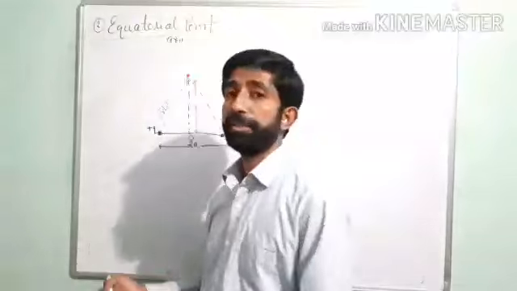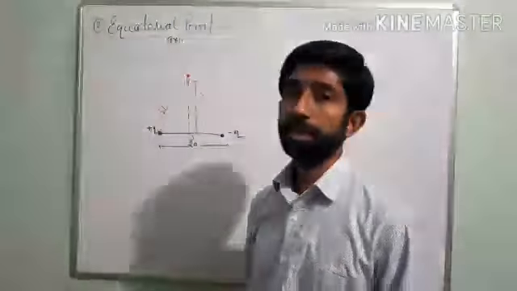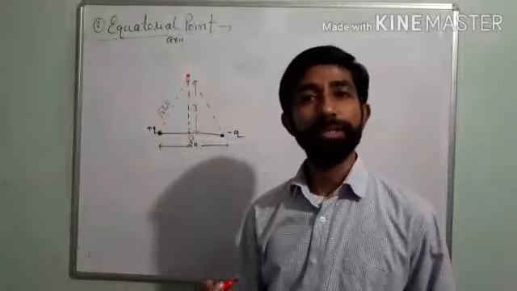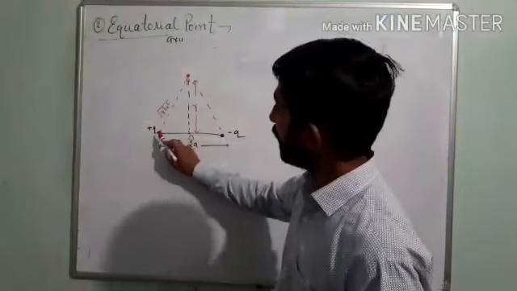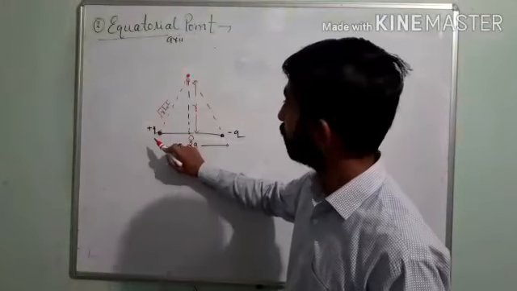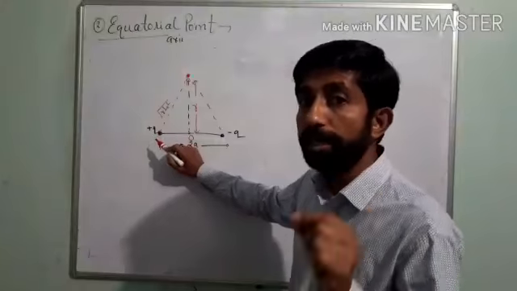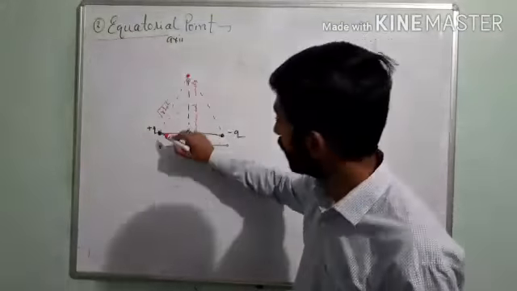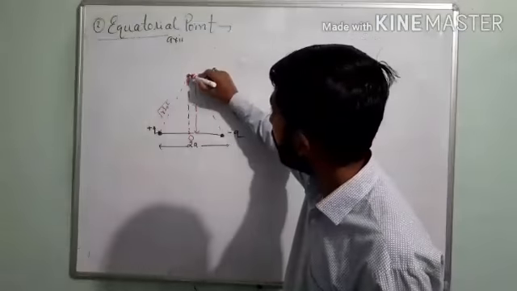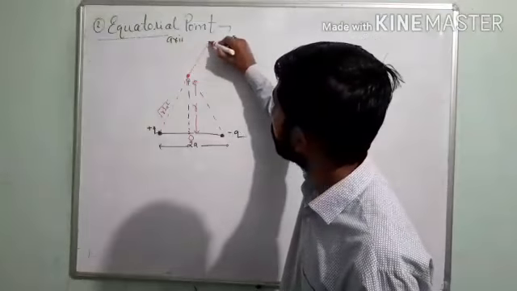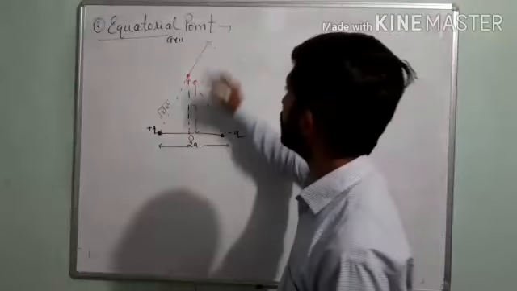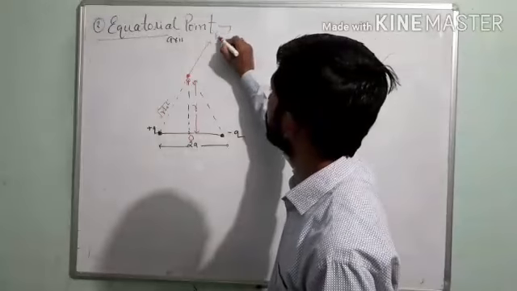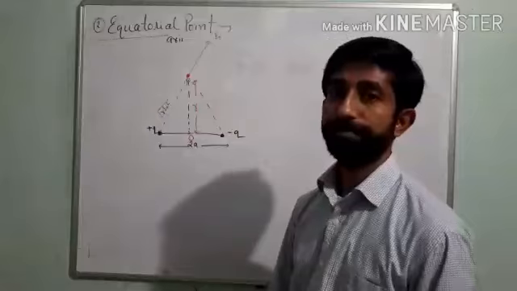Now we'll come to the components of the electric field, because electric field is a vector quantity, right? So this is a positive charge. This charge will produce an electric field at this point, pointing away from itself, along this line. So this is the electric field produced by the positive charge, E plus.